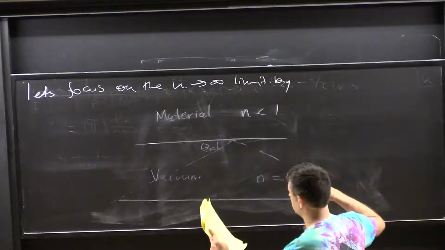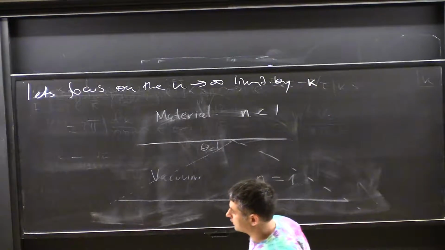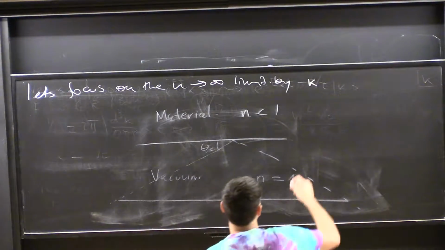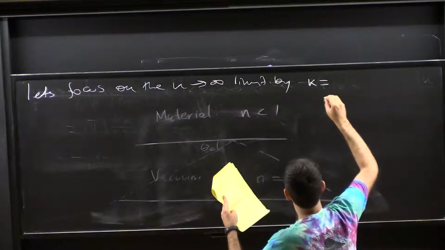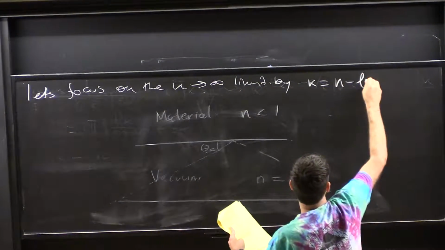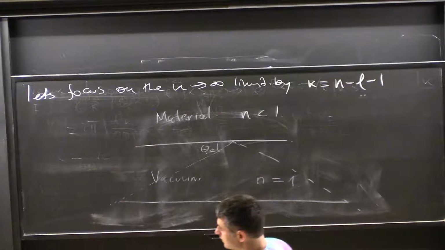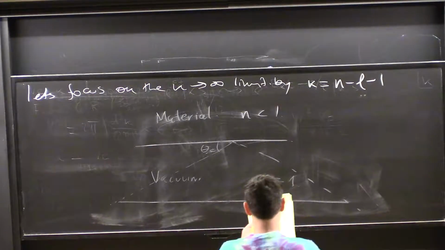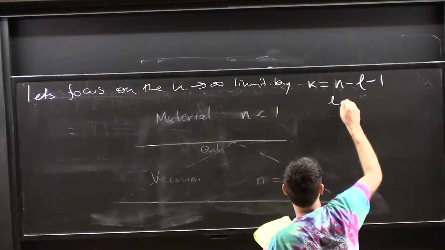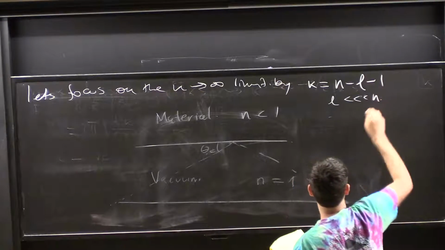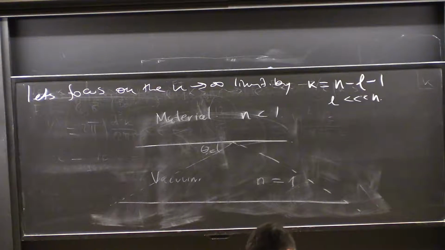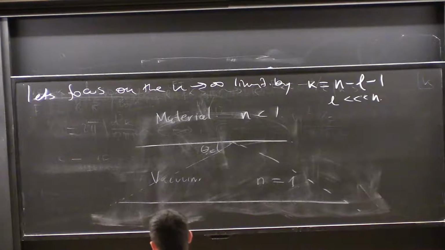And so the idea is, let's define a new variable L by relabeling k like this. And the idea now is that if we look at the small L limit, we're essentially asking about the behavior near the top range of that.